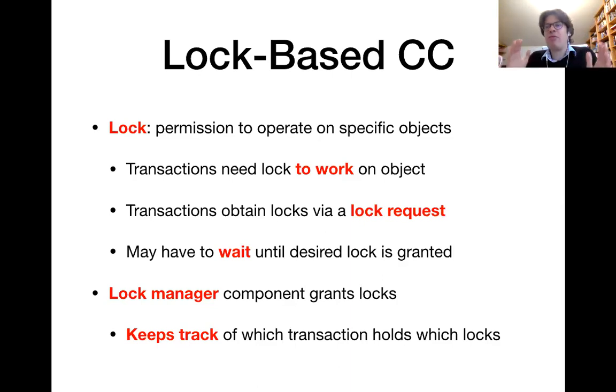And the mechanisms that we will see essentially force transactions to first acquire a lock on an object before they can work with it. They submit those lock requests to the lock manager, and then they wait until the lock request is granted. And only then do they proceed.